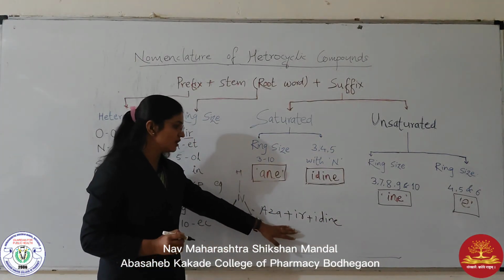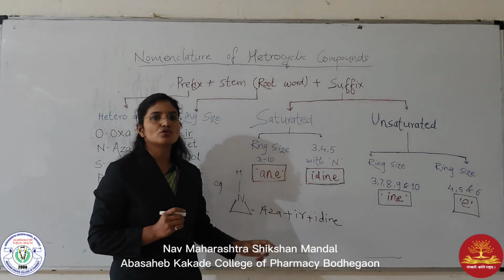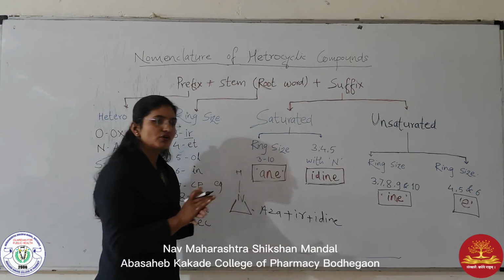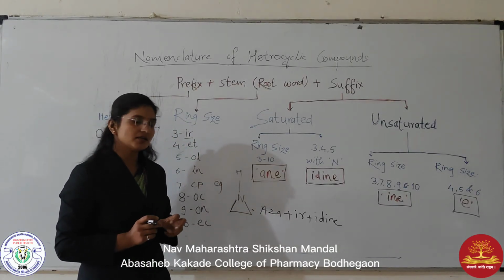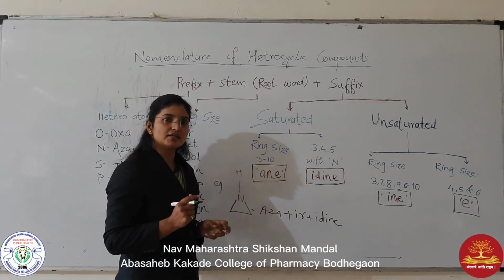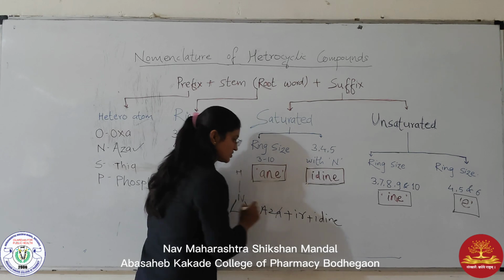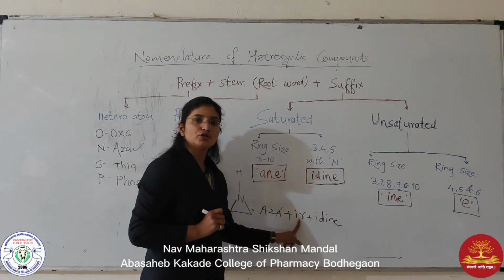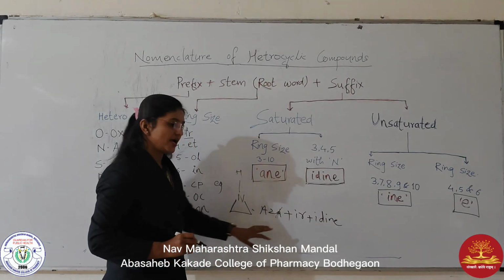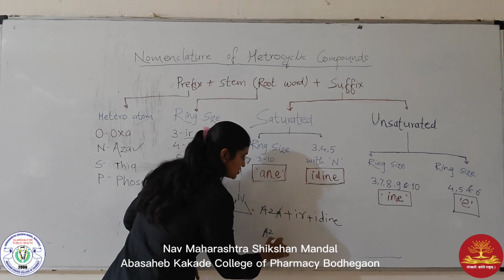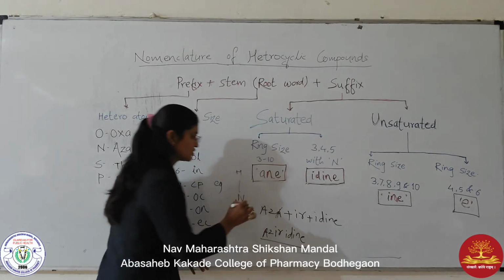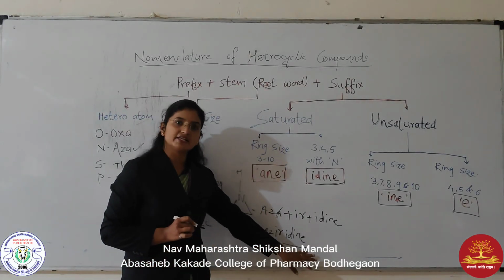Now compile these 3 words and you will get the name of your heterocyclic ring. Before compiling, there is one more rule: if your name contains 2 vowels simultaneously, then the first vowel will be dropped. Here a and i are both vowels, so the a is cancelled, and the name will be aziridine.